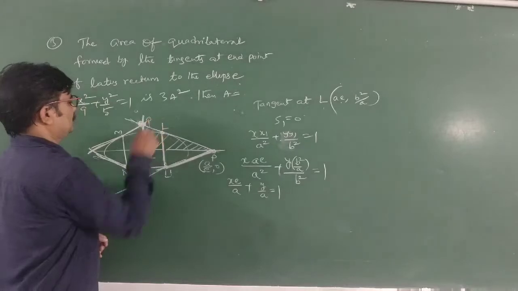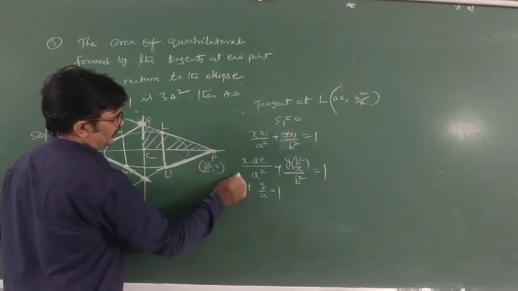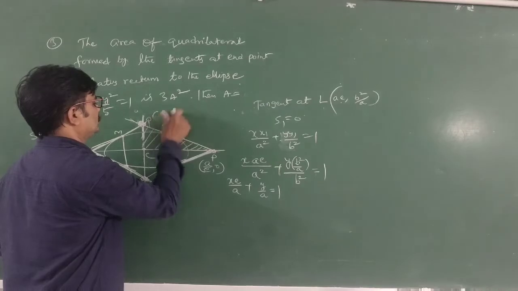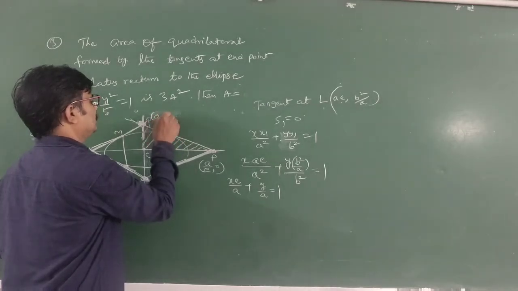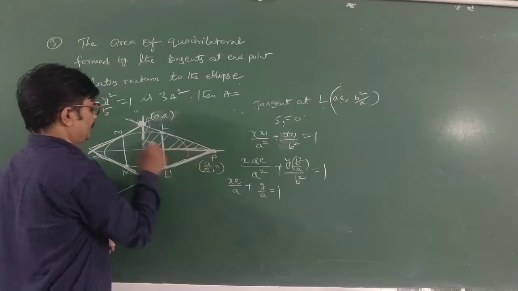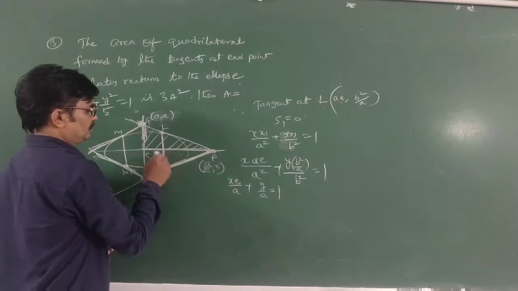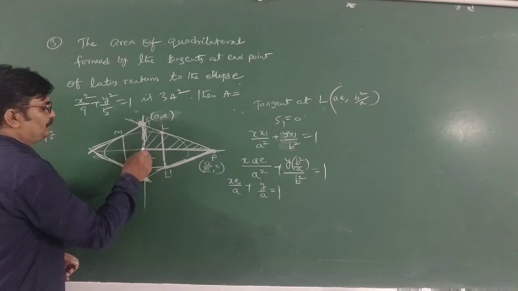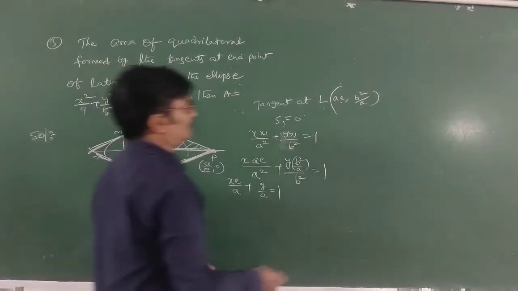Now this is Q, when x is 0, that is 0 comma a. What is the Q point? It is 0 comma a. This is the base, this is the height, the total length is a by e, this is a. Area of the triangle, required area.